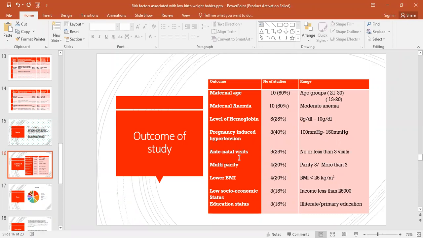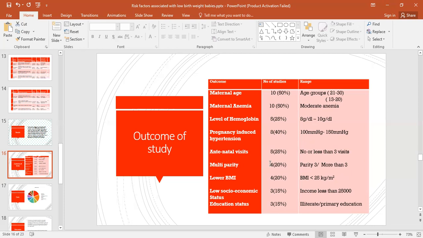Antenatal visit was identified as a maternal risk factor in 5 of our studies, and the visits of women in all their trimesters are less than 3, or there are no visits.